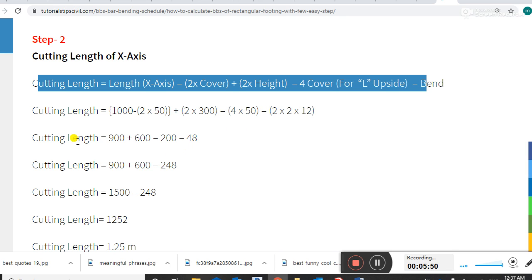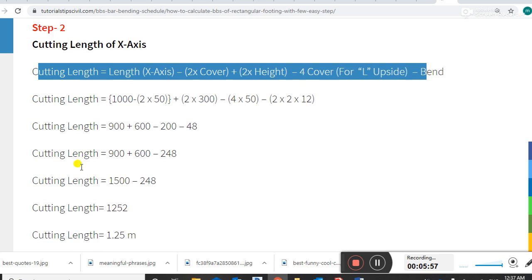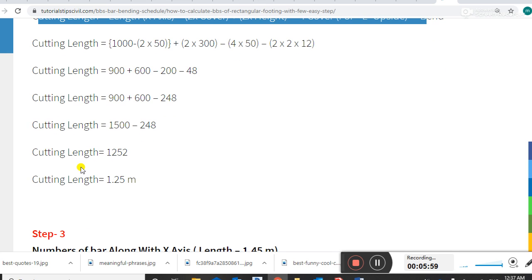After calculation, cutting length is 900 plus 600 minus 248. We add these two values, it becomes 1500 minus 248. Cutting length is equal to 1252 millimeter.